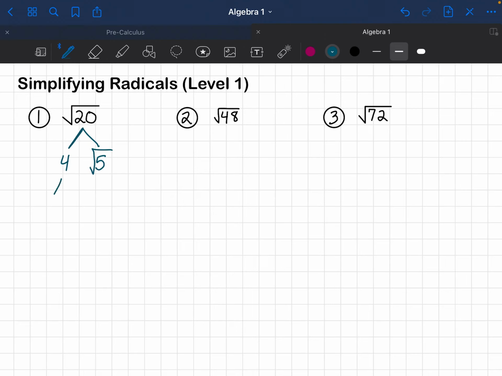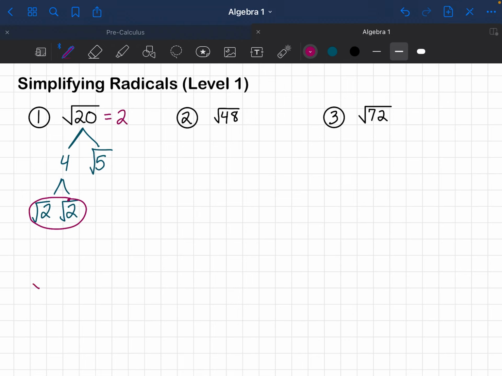Well, 4 can be split up into 2 and 2. Those are as simplified as we can get, so we square root those. Now, every time we have pairs, we're looking at the ones that have the square root around them. They're as simplified as we can get. So I have a pair of 2's. Every time we have 2 of them, the square root's going to cancel, and we're just left with the number on the inside.